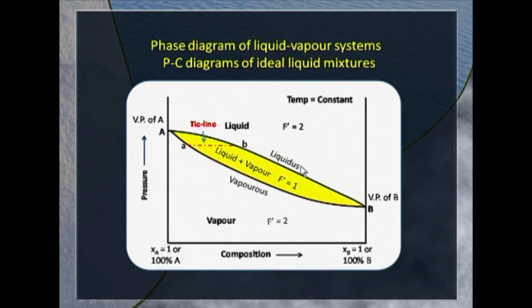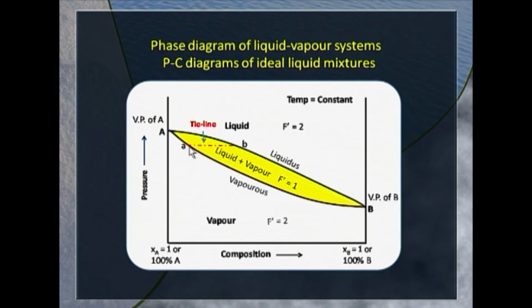Liquidous indicates that above this curve only liquid phase is present, and vapourous stands for a situation where below this curve only the vapor phase is present. Between these two, we have liquid and vapor in equilibrium.